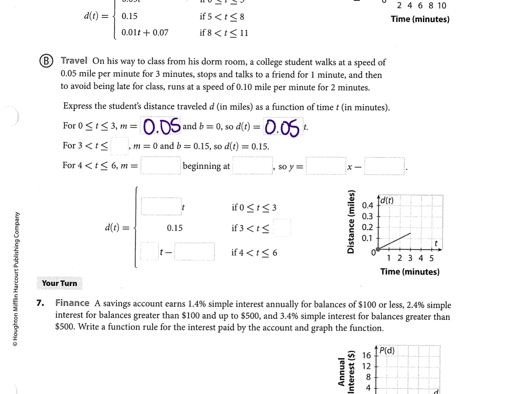Then he stops and talks to a friend, so his slope is 0, for 1 minute. So his time went from 3 minutes to 4 minutes, because it was a matter of 1 minute. And so he stays where he is. If we plugged in 0.05 and replaced the t with the 3 where he starts out his next section, that would give us that 0.15, which is where we got this piece from.